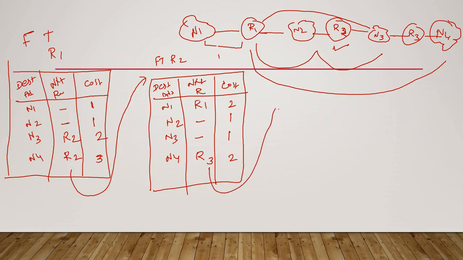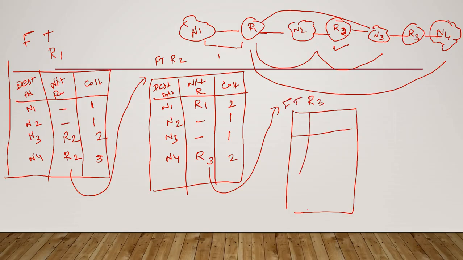So then the routing table for R3, forwarding table R3. Again the destination address, next router, cost.